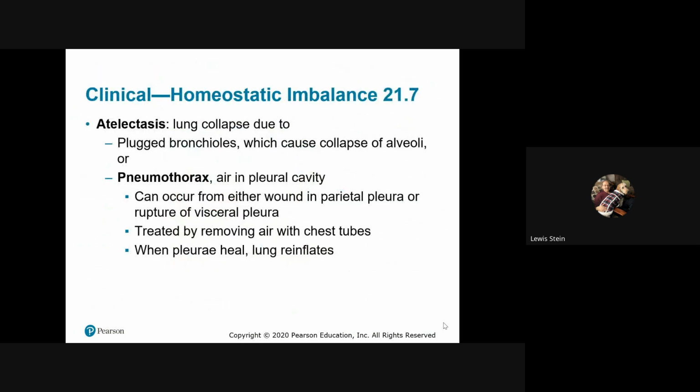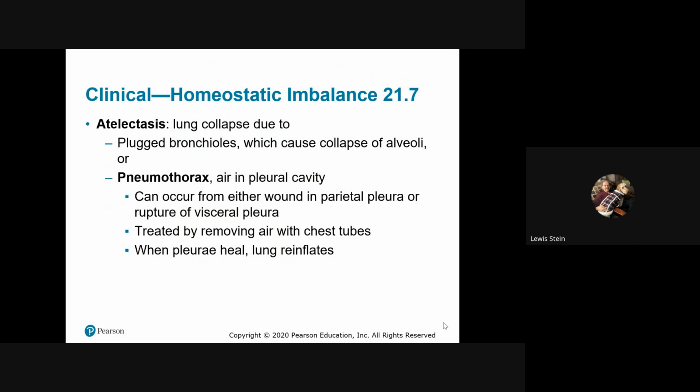A fancy name for a collapsed lung is atelectasis. That's typically what happens when there's pneumonia or obstructive pulmonary diseases. Those are the kinds of things that can do that. The common traumatic cause is called pneumothorax, or sometimes tension. Tension just means pressure.